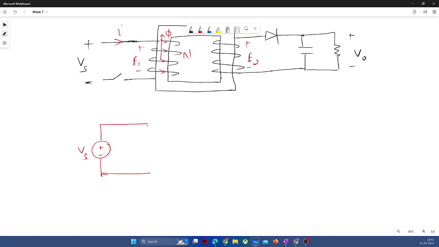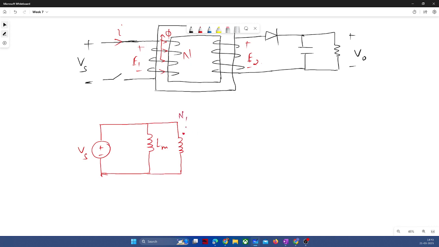We are ignoring the primary resistances and inductances, even the secondary ones.